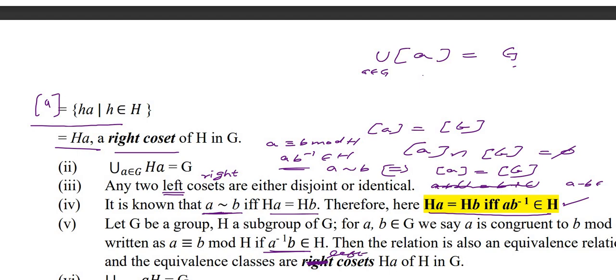If we have AB inverse belonging to H, we had right cosets, and here you will have the left coset, which is denoted as AH, of H in G.